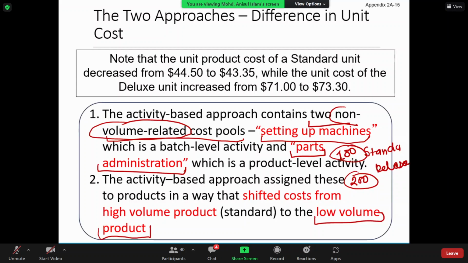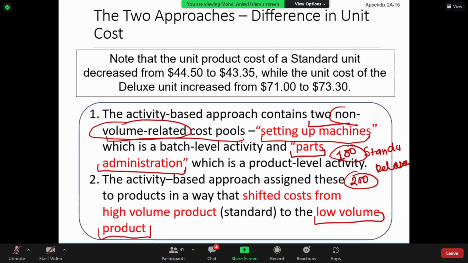Some activities are related to the category of product. Some activities might be related to the volume of your production. But when we are using activity-based absorption costing, based on the nature of the activity we can shift the cost to the product which is using a particular activity mode.